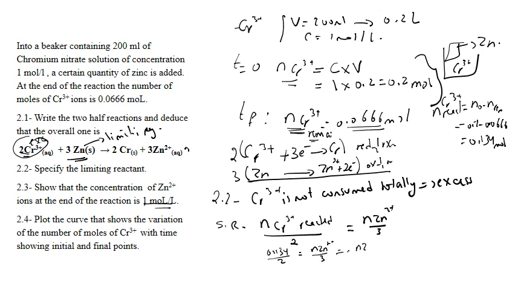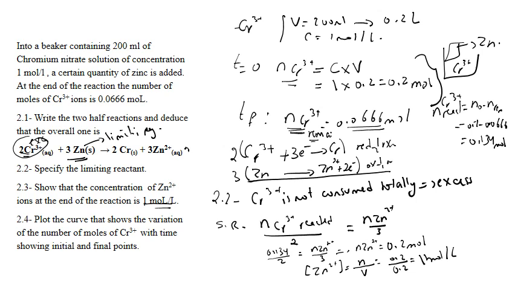Thus, the number of moles of Zn2+ by calculation is 0.2 mole. Concentration of Zn2+ equal number of moles over volume, and the volume of the solution is the same, 0.2, so it is 1 mole per liter, so it is proven.